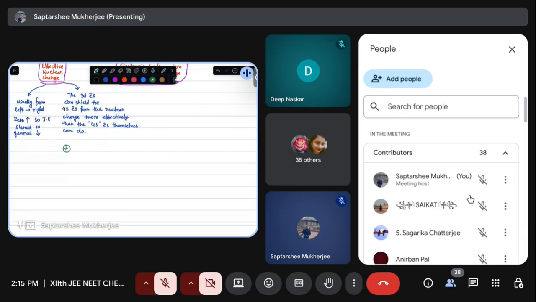If this is the nucleus I am taking, and if this is the 3d orbital outside which the 4s subshell is present, then what is happening exactly is the electrons which are filled in 3d subshell will be now capable of shielding the nuclear charge more effectively than the 4s electrons can do themselves.